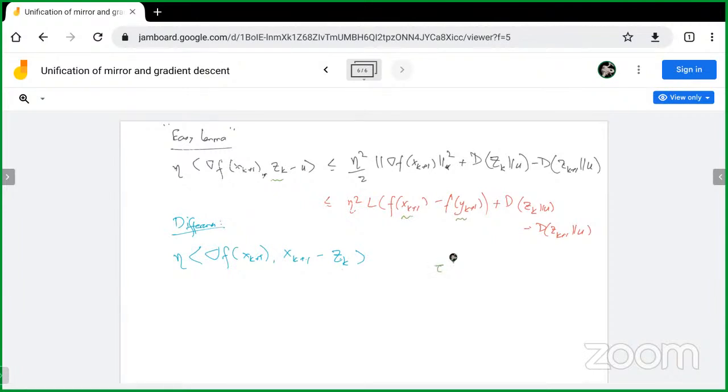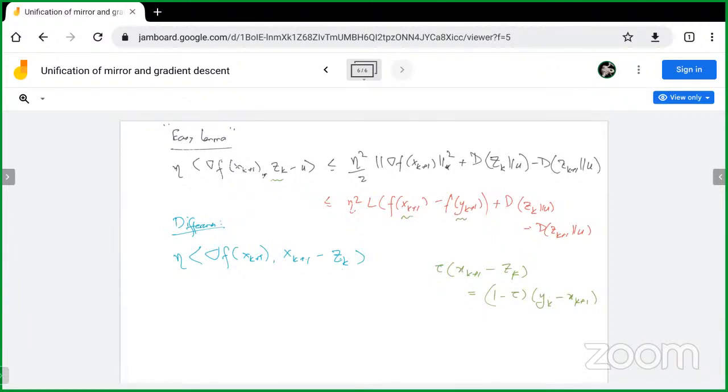Now, you can show that tau times xk plus 1 minus zk is 1 minus tau times yk minus something. That's from the definition of xk plus 1.